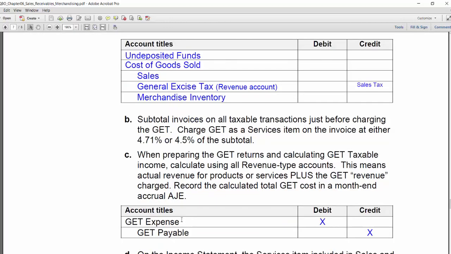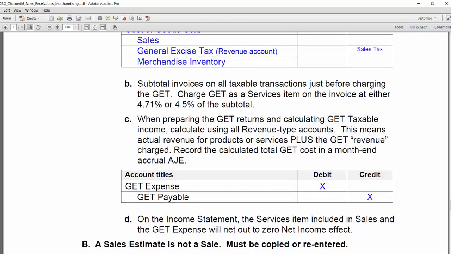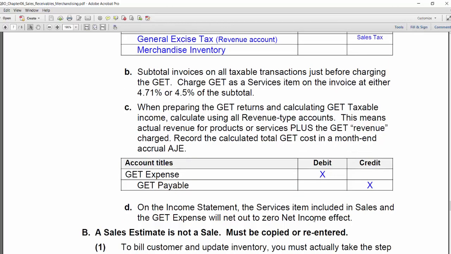And then at the end of the period, make an adjusting journal entry: debit an account called General Excise Tax Expense, and credit an account called General Excise Tax Payable for your calculated amount of total General Excise Tax. If you see it on the income statement, the service item in sales and the General Excise Tax Expense should net out to just about zero.